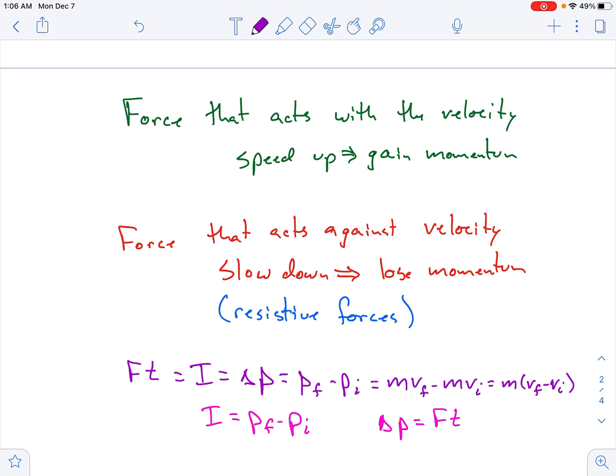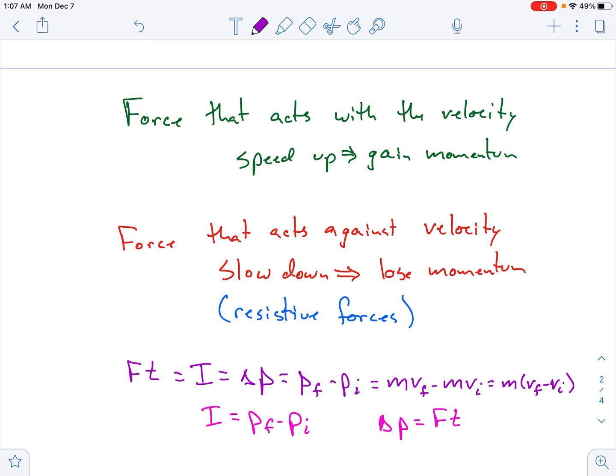Right? Any one of these can be solved for using any of the other ones. All I need is any variables in any of the sections. Right? As long as I can fill in any part of this equation, I can solve for any other part of it.